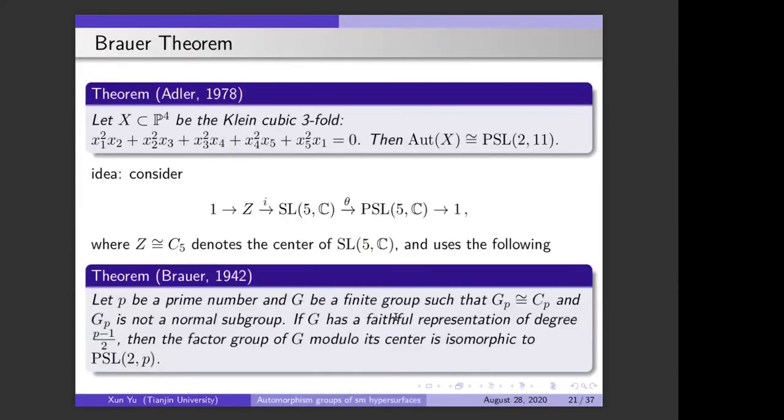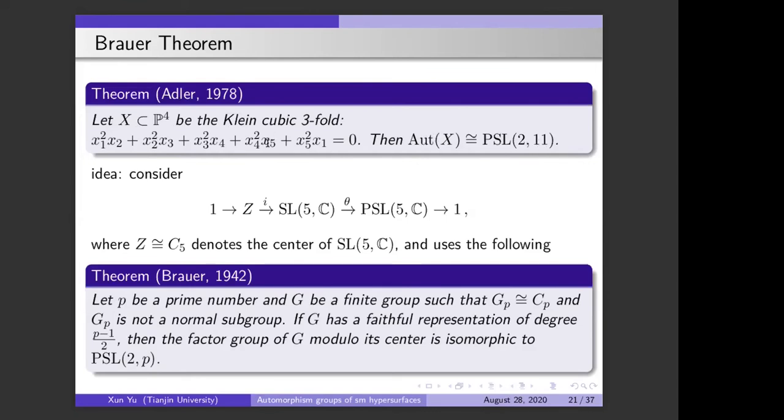Okay, so another thing is we use some results in linear representation theory of finite groups. Let me first recall the result proving that for the Klein cubic threefold, the full automorphism group is PSL(2,11).